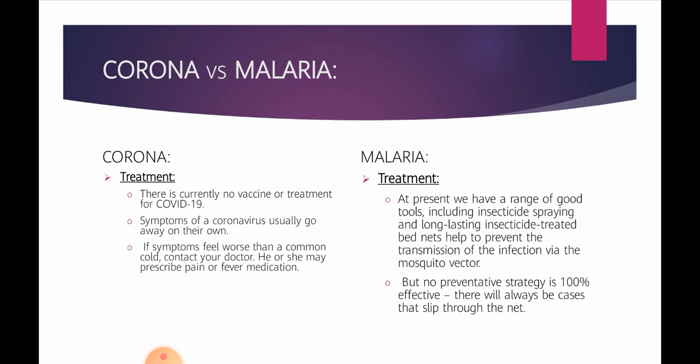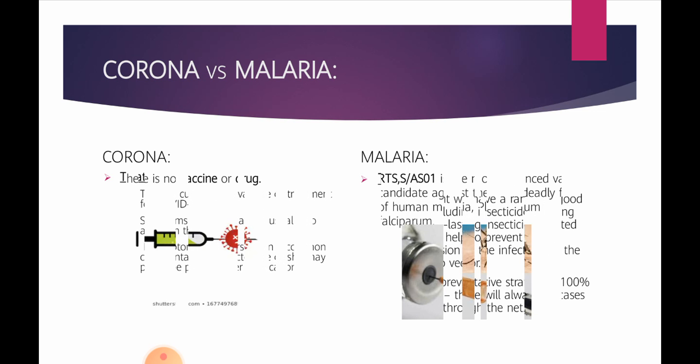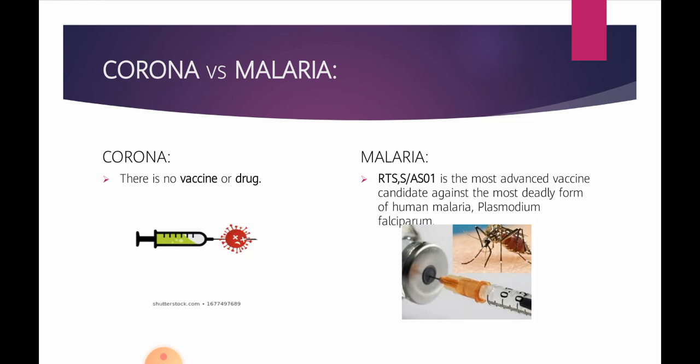At present, we have a range of good tools including insecticide spraying and long-lasting insecticide-treated bed nets to prevent the transmission of the infection via the mosquito vector, but no preventive strategy is 100% effective. There will always be cases that slip through the net. There is no vaccine or drug for corona. RTS,S is the most advanced vaccine candidate against the most deadly form of human malaria, which is Plasmodium falciparum.